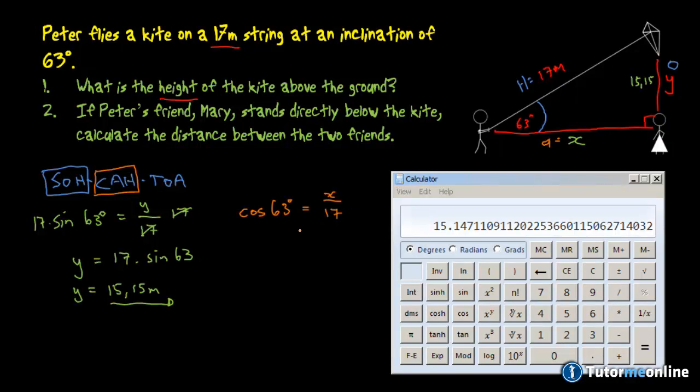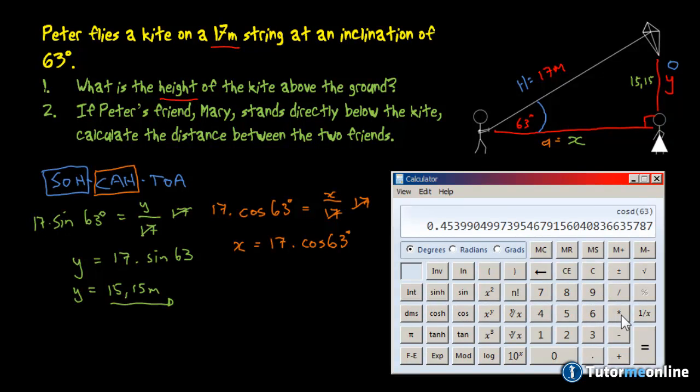So then once again, we'll algebraically simplify this by multiplying by 17 on both sides. We then get x alone on one side, and 17 multiplied by the cosine of 63 will give us the length of x. So let's do that.